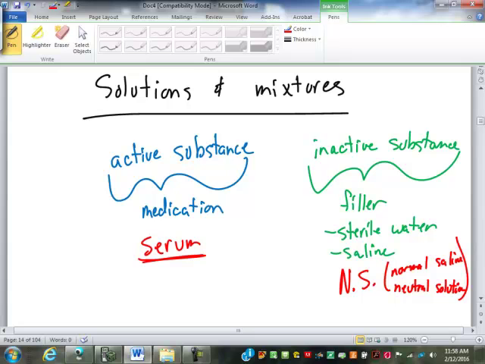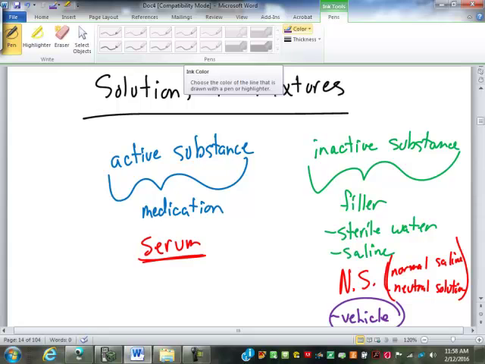Both of them just mean it has no medicinal value. It's just a filler. It's often what we call a vehicle. It carries the medication into the patient. If it's a liquid, of course, you're dissolving that medicine into a liquid, so you can run it into the patient through an IV or through an injection, a bolus or whatever.